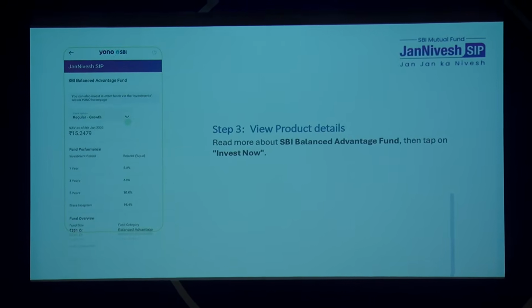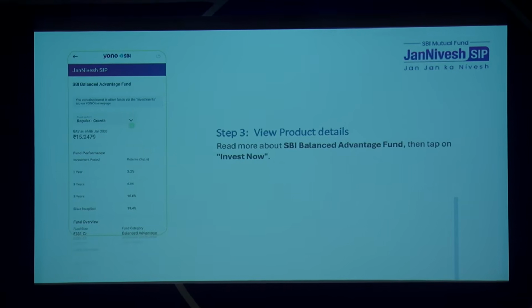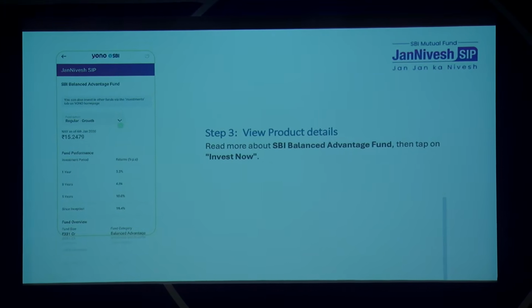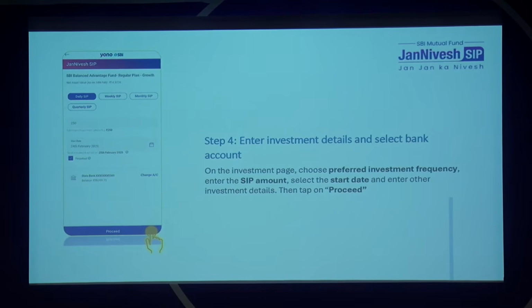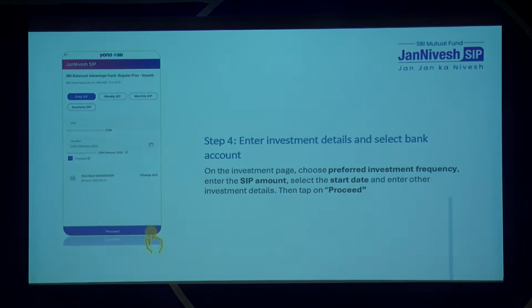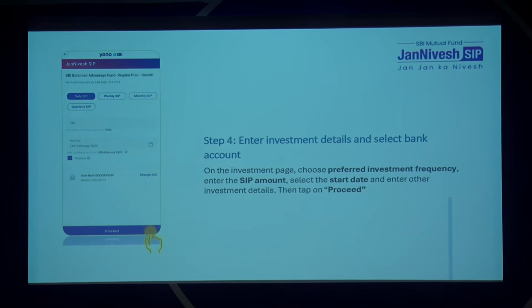Next, learn more about SBI Balanced Advantage Fund and tap Invest Now. On the investment page, choose your preferred investment frequency, enter the SIP amount, select the start date, and fill in the required details. Once done, tap Proceed to move forward.